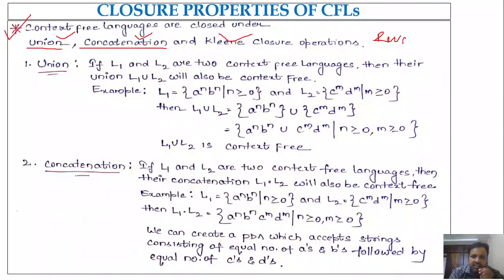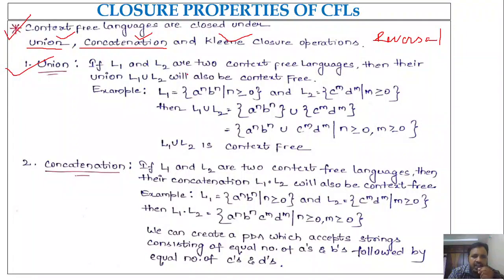These are the various operations performed on CFLs, and you will get a context-free language only. That's why we say that context-free languages are closed under union, concatenation, Kleene closure, and reversal operations. So let us see union.